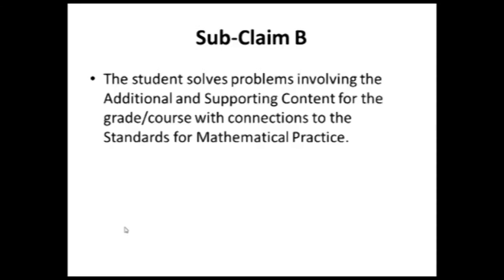We have talked in past webinars about the shifts in the Common Core involving coherence, and so we have this horizontal coherence right here. So what you want to do is look at your subclaim B topical areas and see how they connect to subclaim A. So let's look at some specific examples.